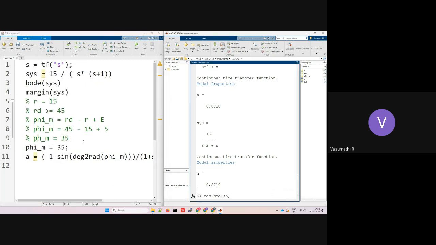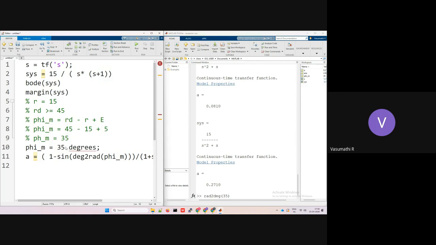So we are converting our degrees. Actually, this is 35 degrees, right? So we convert degrees to radians for MATLAB convenience. Since I have degrees, I want to convert to radians to calculate in MATLAB. So degree to radian of 35, and as per the formula.